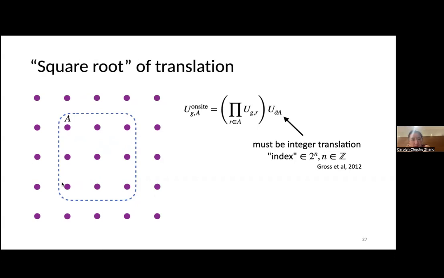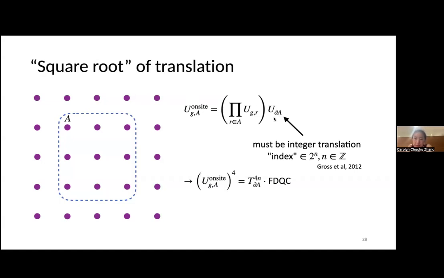This is a 1+1D locality preserving unitary, and those have been classified for these qubit type Hilbert spaces. So this is a unit translation. As I will mention shortly, you will be able to compute an index that takes values in 2^n, where n is basically the number of qubits that you're translating in the positive direction.